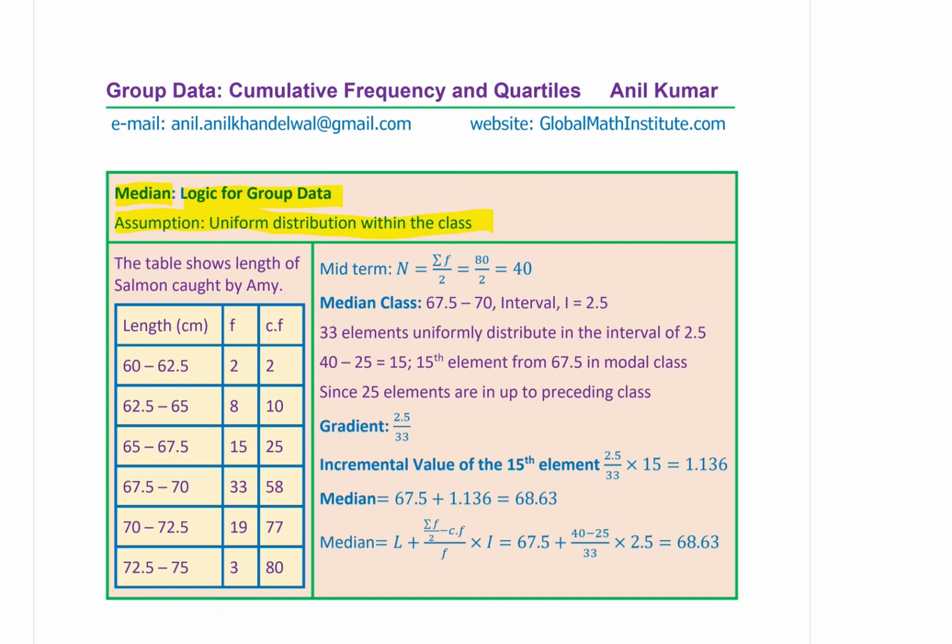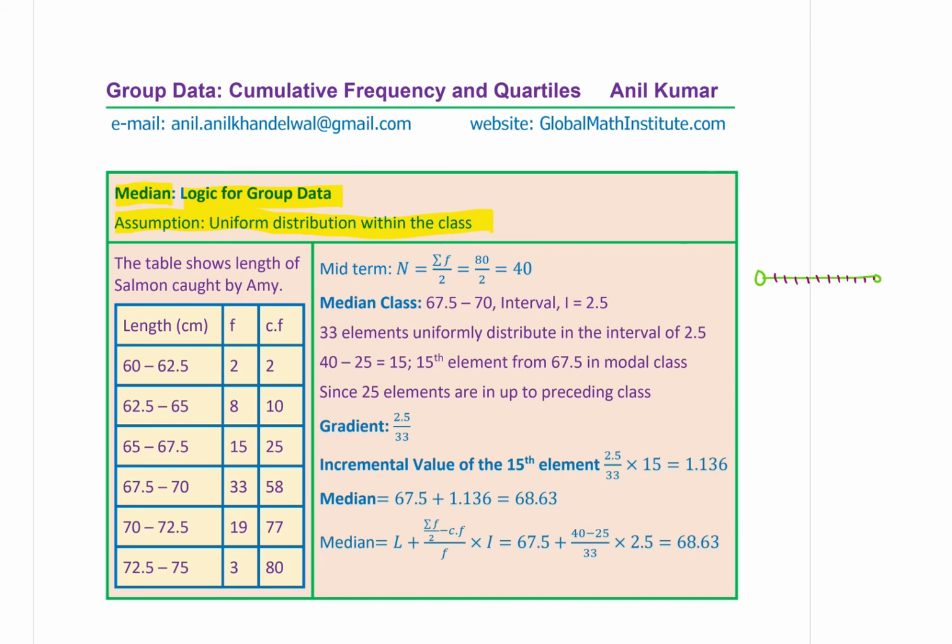When we say uniformly distributed, it really means that when we have an interval between two points, all the data points are at the same, uniform distance. That's the whole idea.